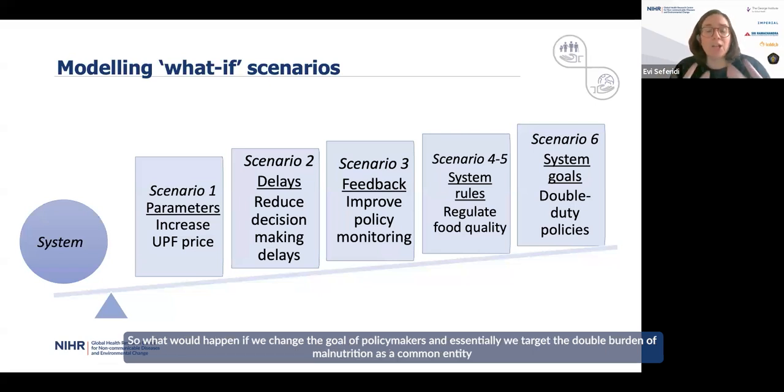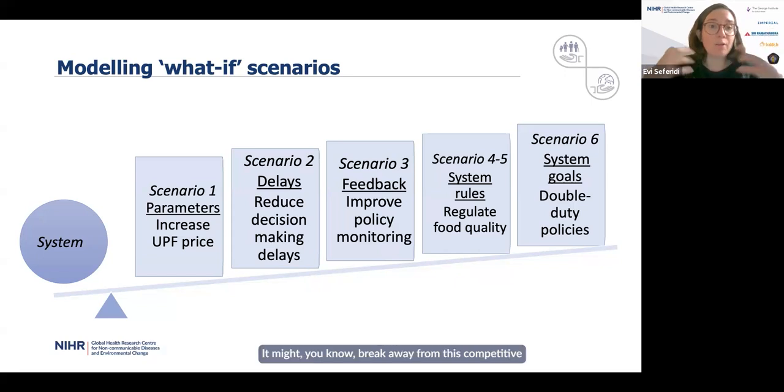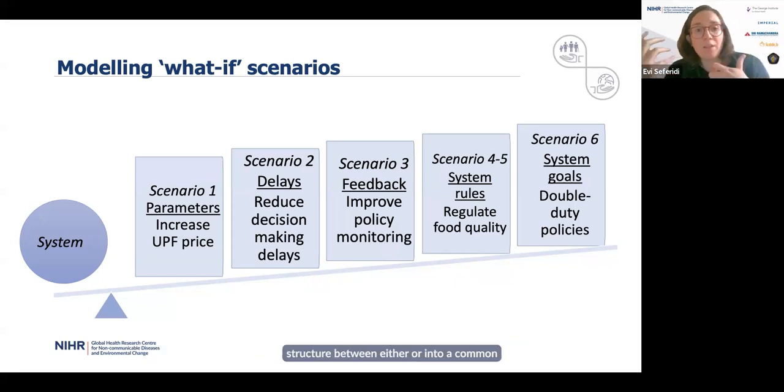So what would happen if we change the goal of policymakers and essentially we target the double burden of malnutrition as a common entity? It might break away from this competitive structure between either-or into common actions targeting a common problem. And yes, next slide, please.